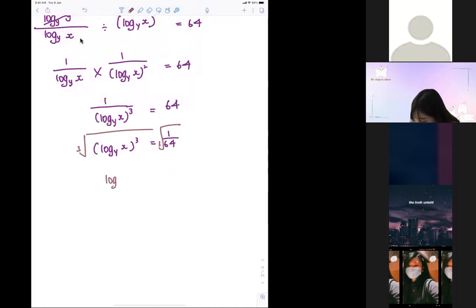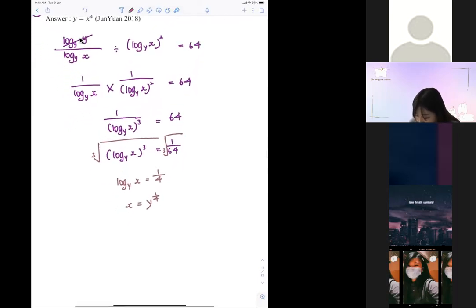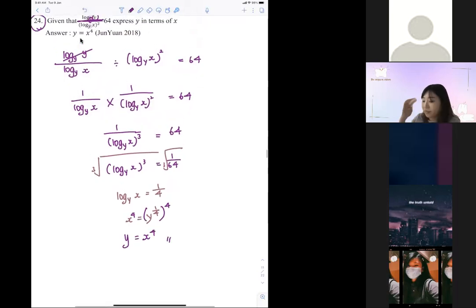So you got log y x equals 1 over 4. x is y to the power of 1 over 4. But you want to make y the subject. So y power again, power 4, y equals x to the power 4. Slowly play with it, then you can get the answer.